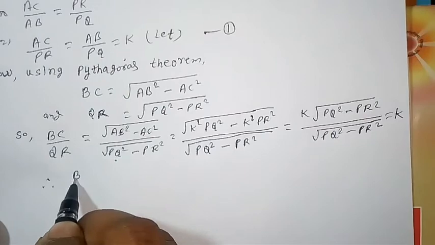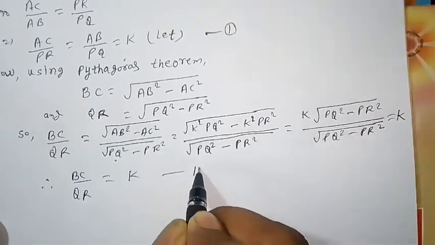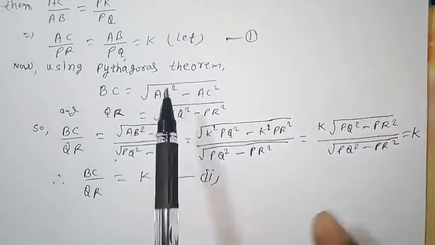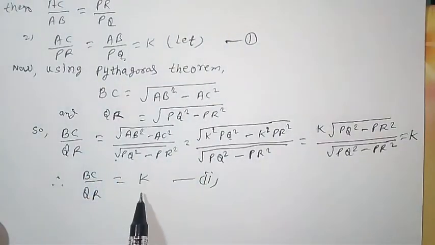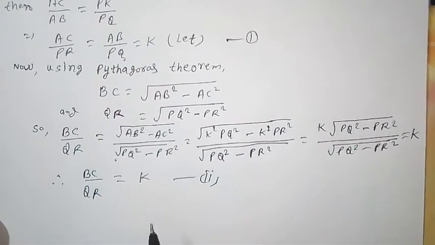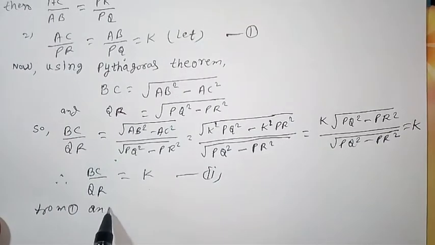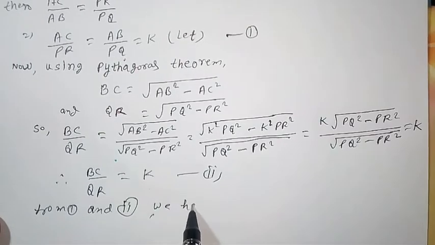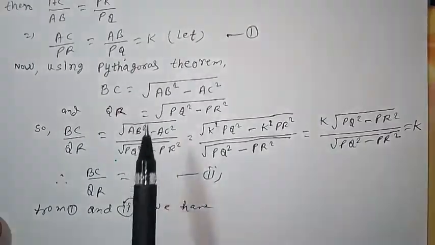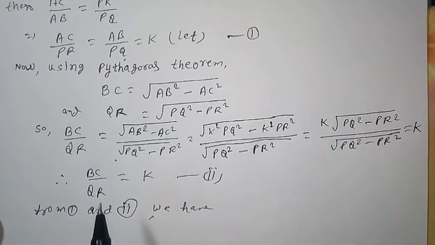Therefore BC by QR is equal to K, equation 2. Now in equation 1 this is K, and in equation 2 also BC by QR is equal to K. From equation 1 and 2 we have RHS is equal, so LHS is also equal.